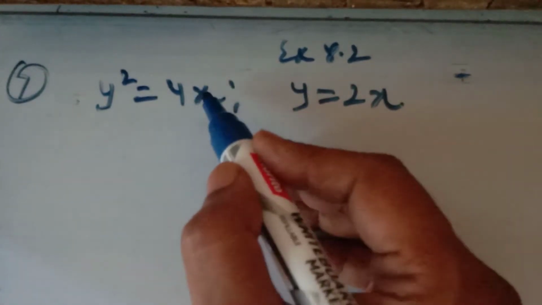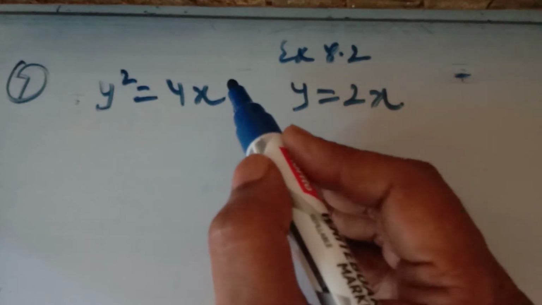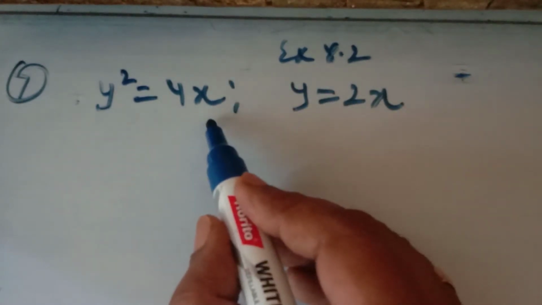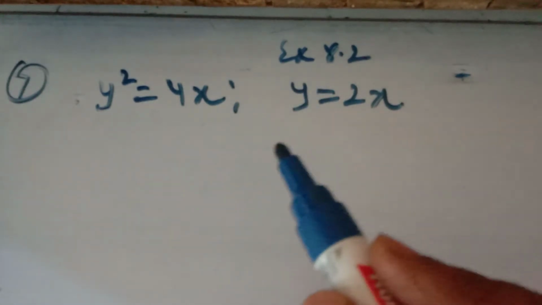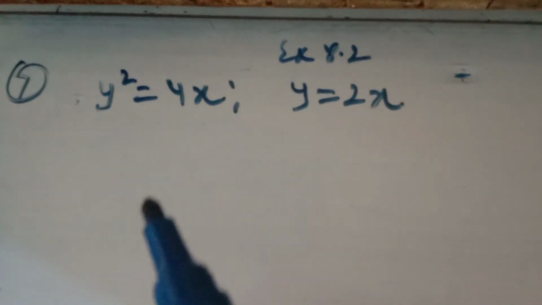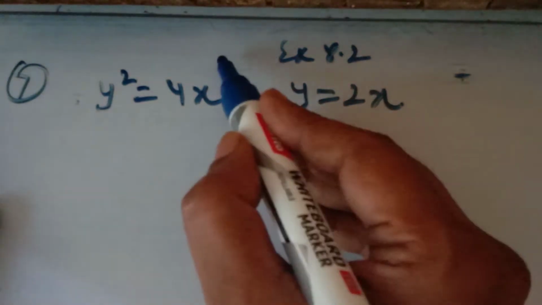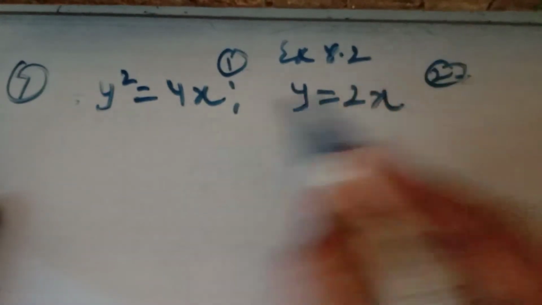This is a parabola which is symmetrical about the x-axis, and this is the line y is equal to 2x, which is passing through the origin. So as usual, you first of all find the point of intersection.